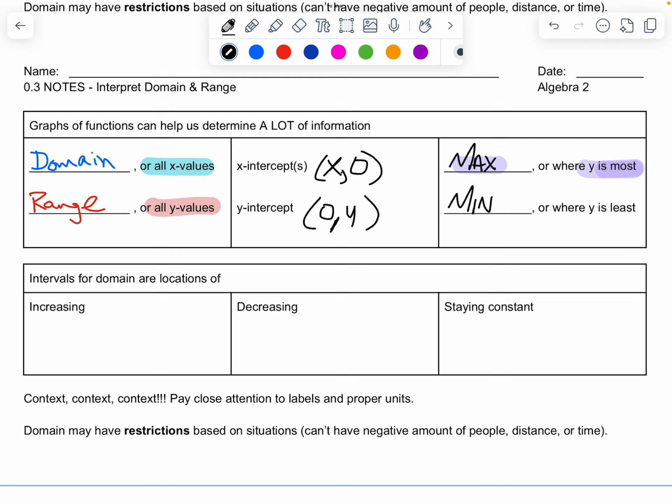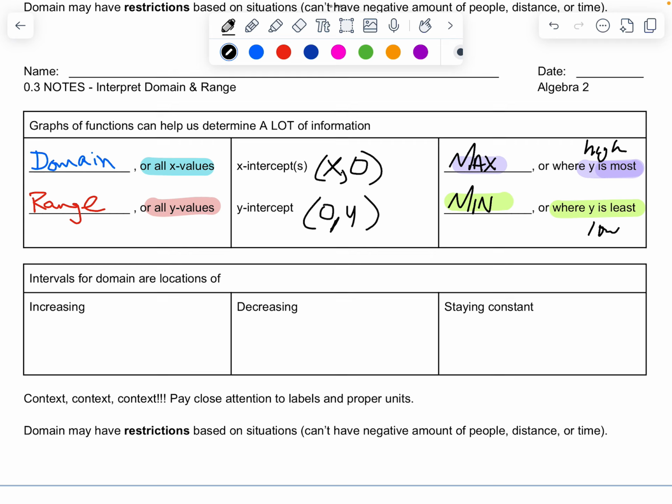Might want to think of that as a high situation, and minimum you might want to think about as a low situation, or when my y value hits its lowest point. So again, those are phrases we're going to hear a lot of in this class. We're starting off with pretty common things here.